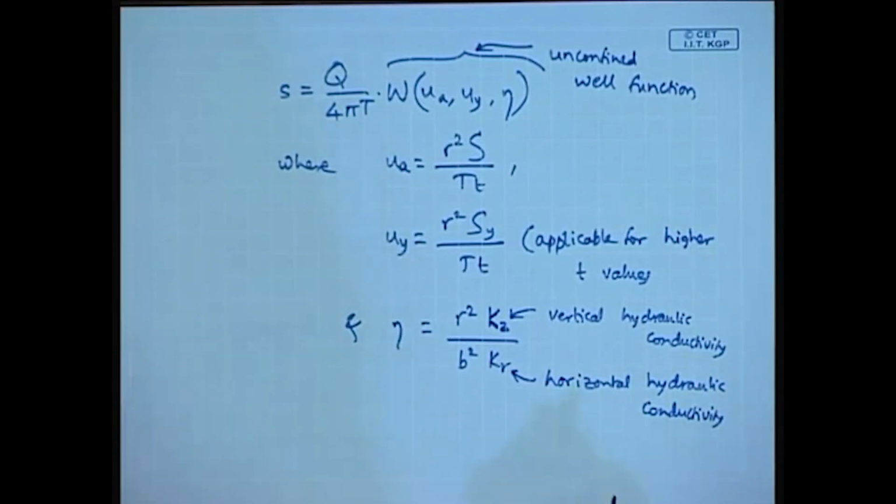And obviously, r is the radius, and B is the unconfined aquifer thickness.